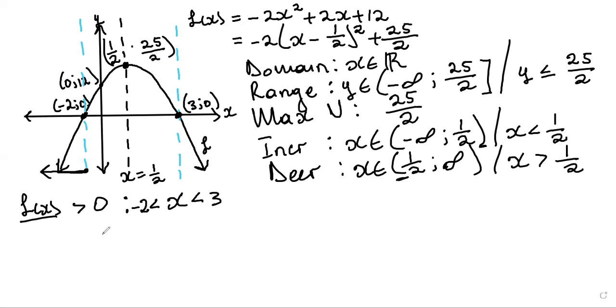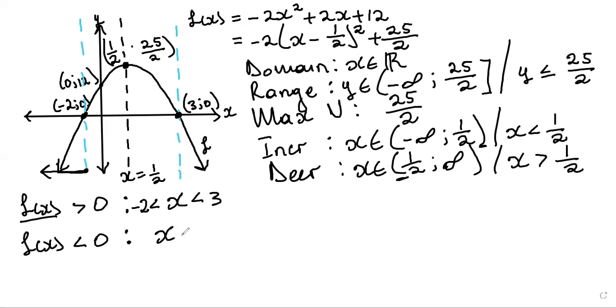Then you'll also tell them that, if for instance they said, where is this function negative, then we said from negative infinity to -2, the function is below the x-axis, indicating that the values of y are negative.